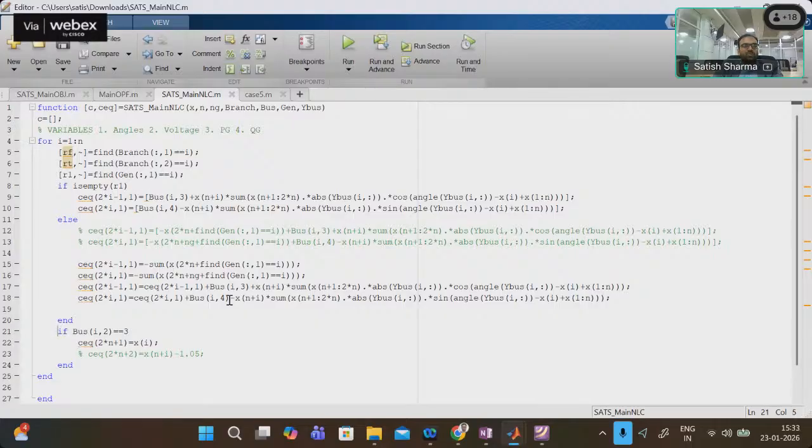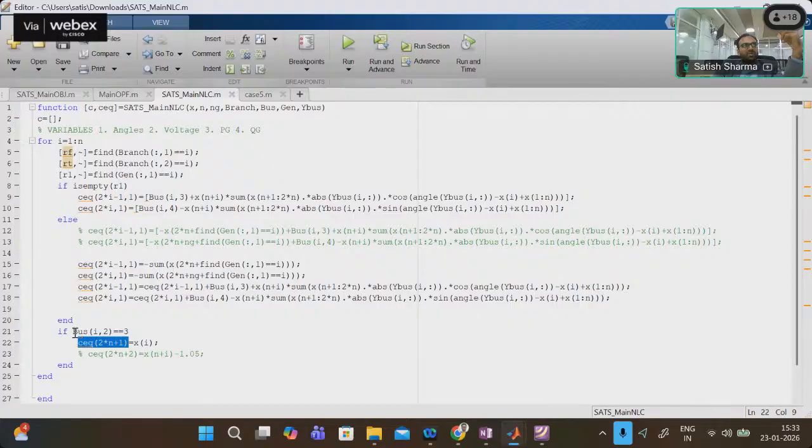Another thing is that I will look for the reference bus as well. For each i I will check whether it is the reference bus. So if bus(i,2) equals 3, where 3 represents the reference bus in the second column of the bus data, I will add one more equality constraint, placed at the end of the equations.